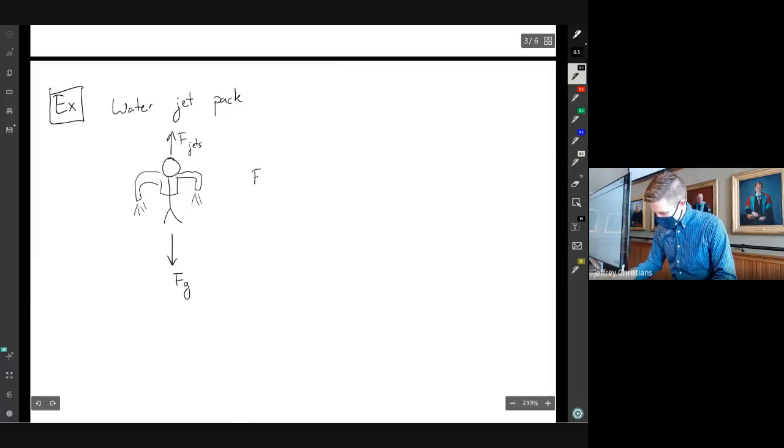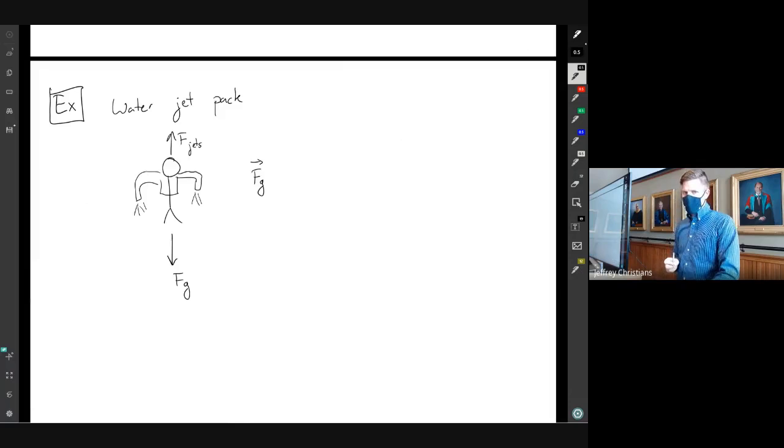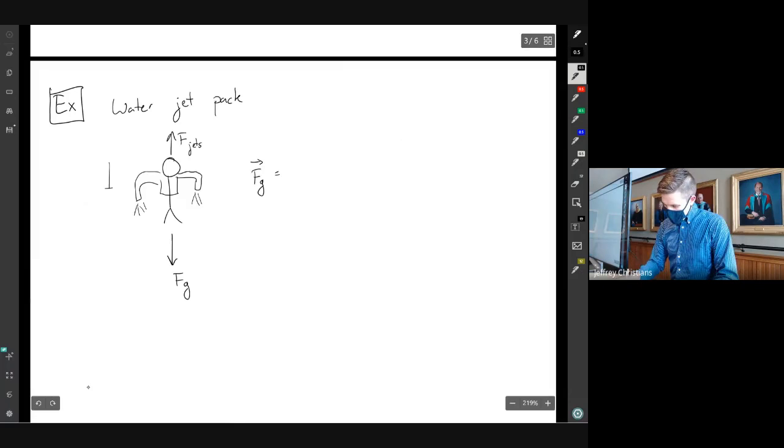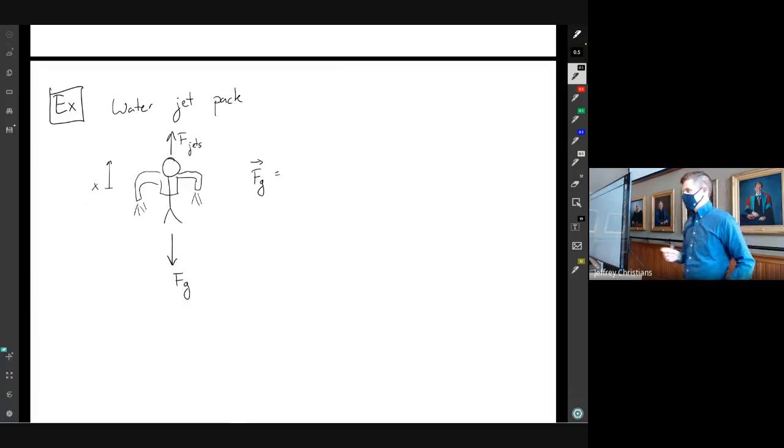So the force of gravity is going to be more than just the person, because it's also going to include some of the extra water. So it's going to be a little bit different than this, but for the sake of what we're doing here, we can get close enough. Let's put the x direction up, just as a sign convention. So gravity is going to be operating in the negative x.